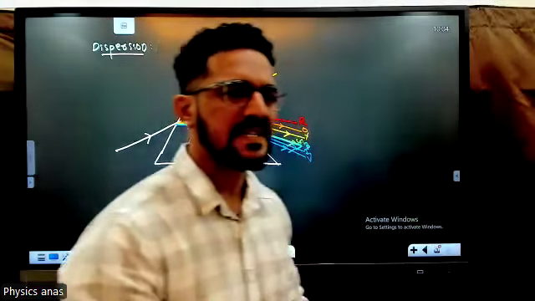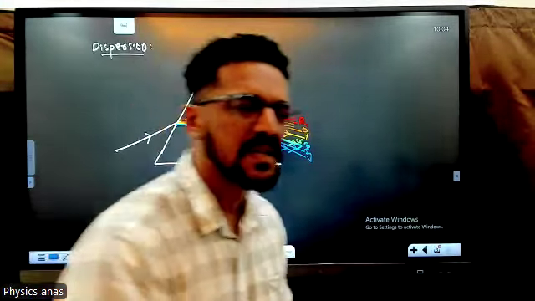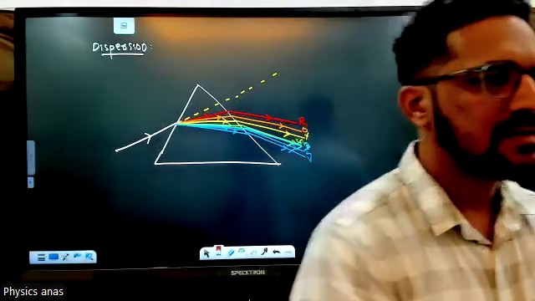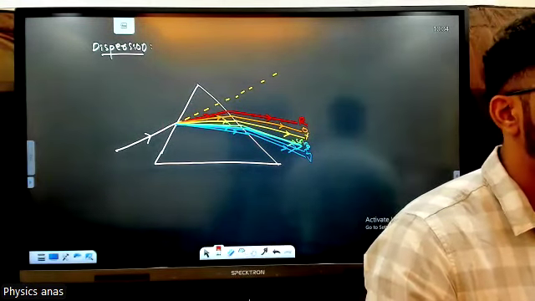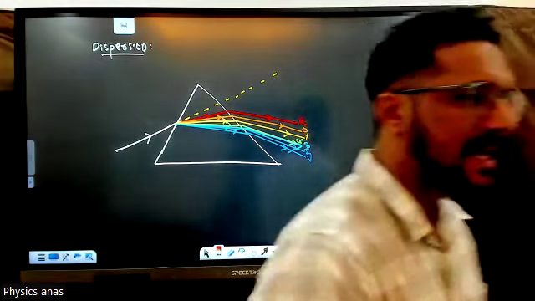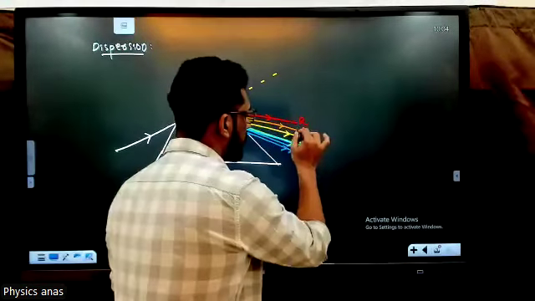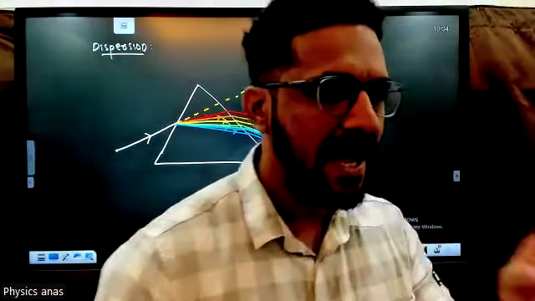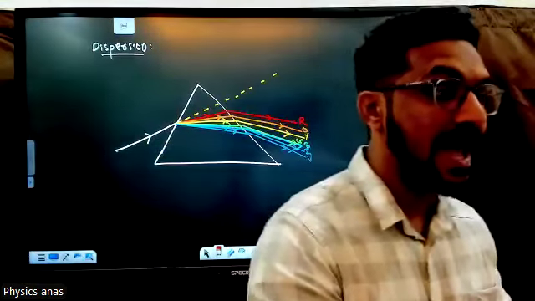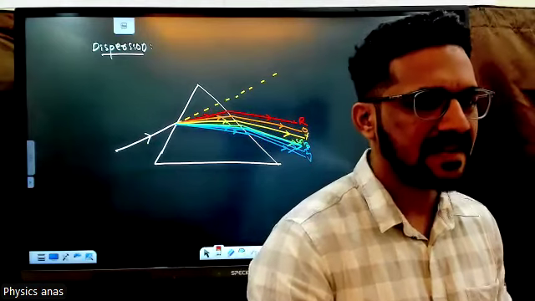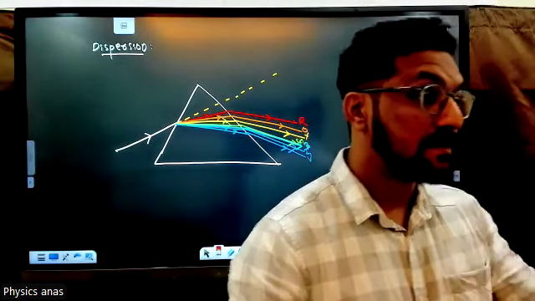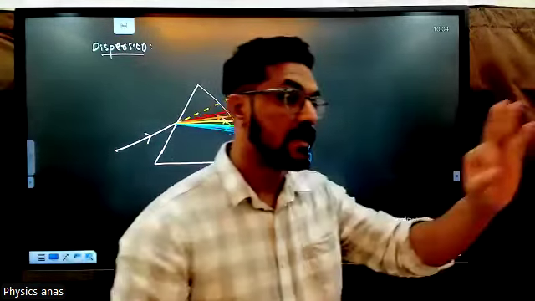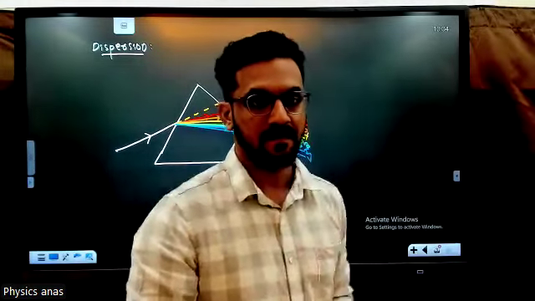Why does dispersion happen? Because each color in white light will have a different angle of refraction. Why is that? The speed of different colors is different in the prism.